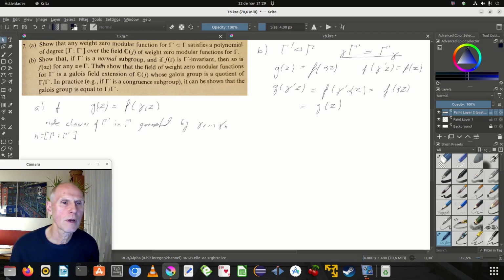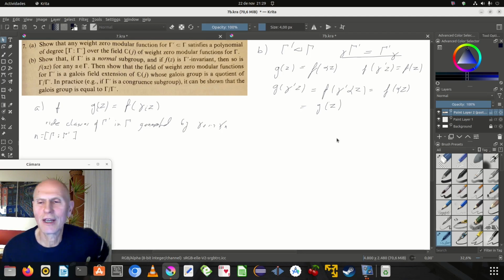Show that if gamma mark is a normal subgroup and f of z is gamma mark invariant, then so is f alpha z for any alpha. Ah, that's the mistake. All right.